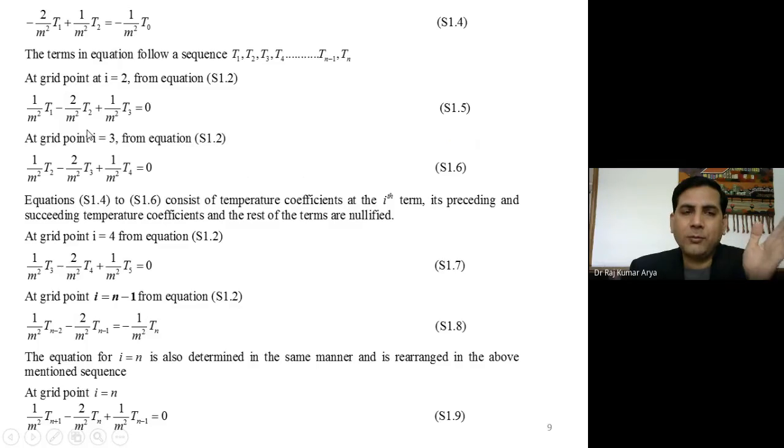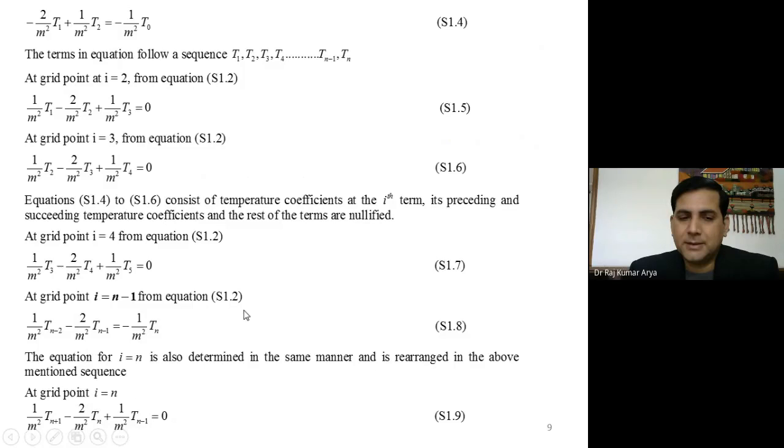From the 4th term onward, every coefficient is 0. So the second equation has 3 terms. The third equation, again 3 terms. Fourth, again 3, again 3, again 3. See the last one. The last equation would have how many terms? Because Tn plus 1 is the boundary temperature, which will go to the right side, this also has only 2 terms.